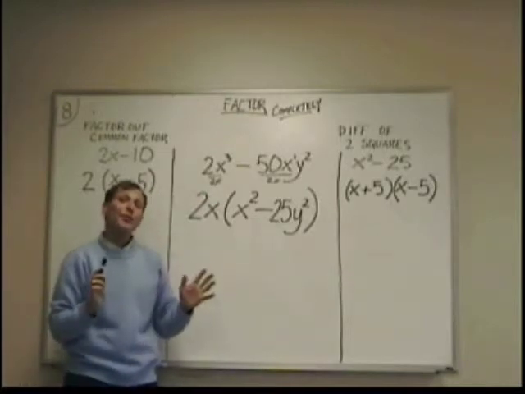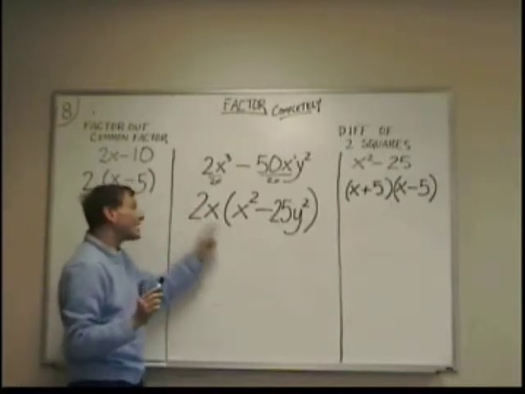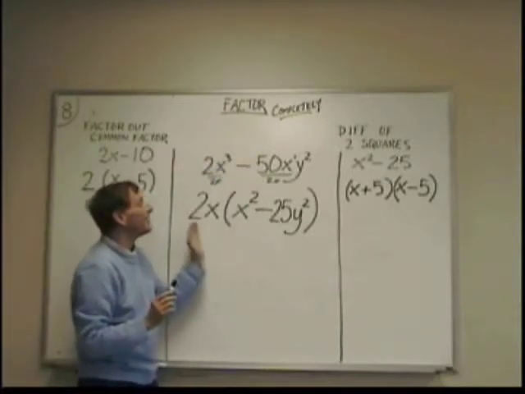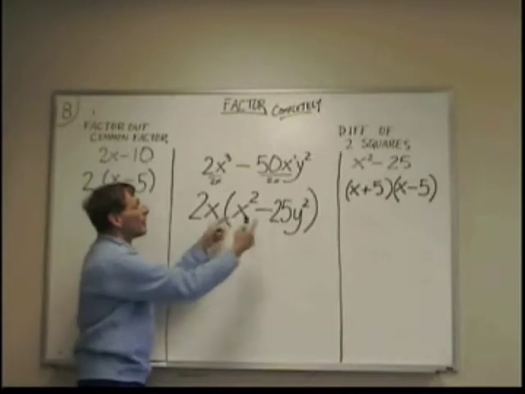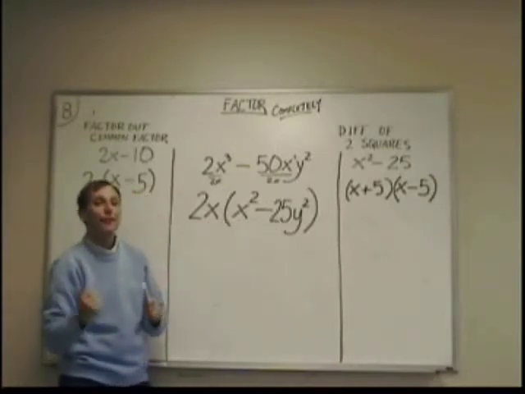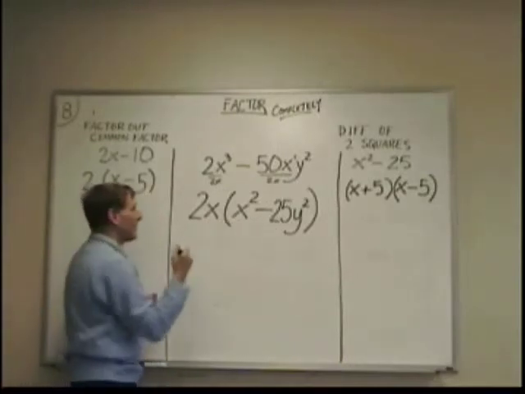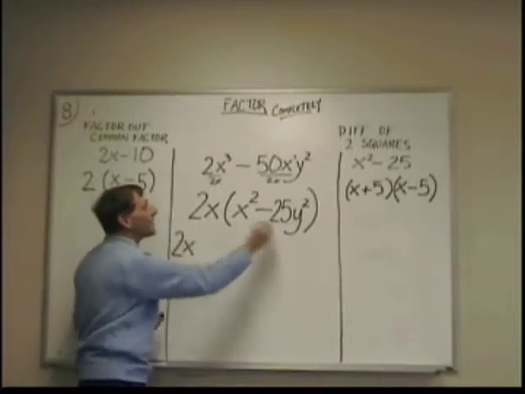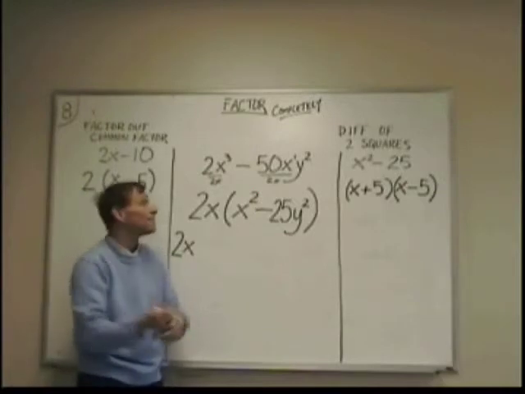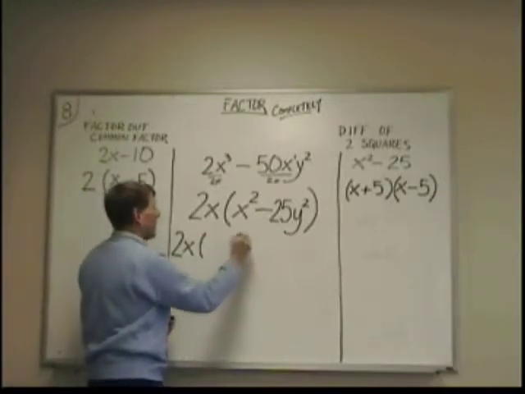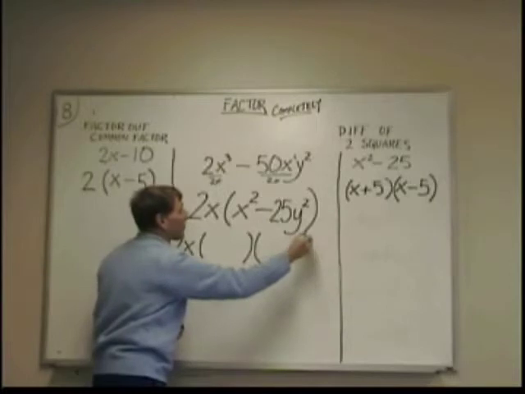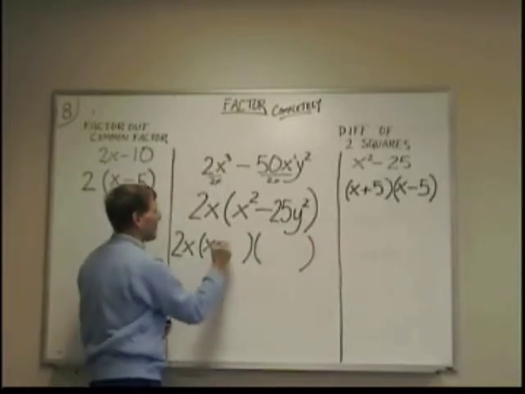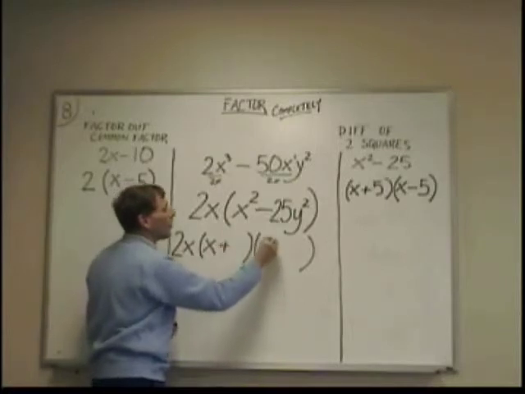Now, I just factored doing common factor, but I did not factor completely yet. And that's important. This is not factored completely, because right here, I have the difference of two squares. So I bring down the 2x, and I factor this further. It's another step. I set up my parentheses, and I split the x's, one with plus, one with minus.